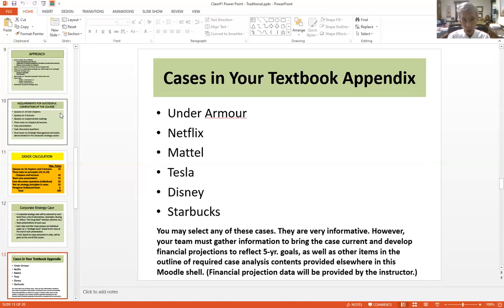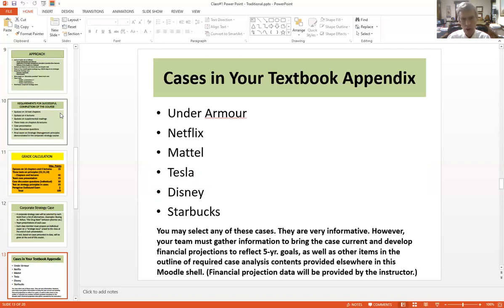I have not chosen all of them. I've chosen cases that have carryover value. So Mattel is about toys, but the Mattel case carries over to other industries and other companies. Tesla, obviously, the auto industry. Starbucks, the food service and beverage industry and so forth. Under Armour, sports and sportswear and clothing and so forth.